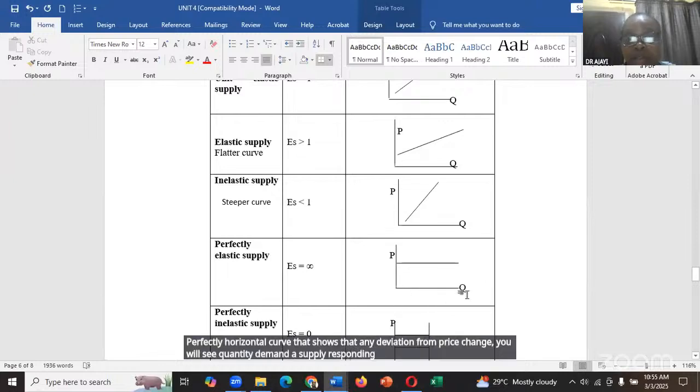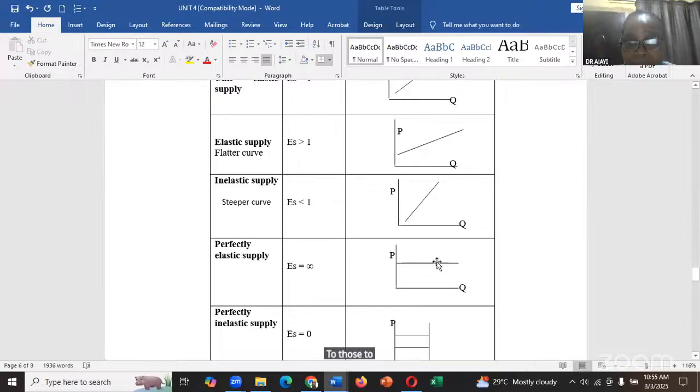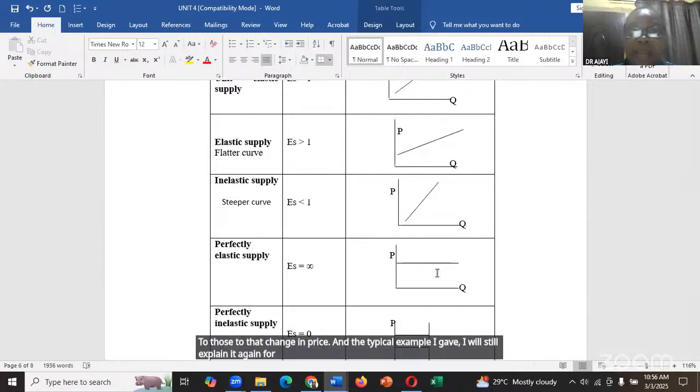Like that of demand, like we explained last week, you will see quantity supplied responding to that change in price. And the typical example I gave, I will still explain it again for us to understand it better.